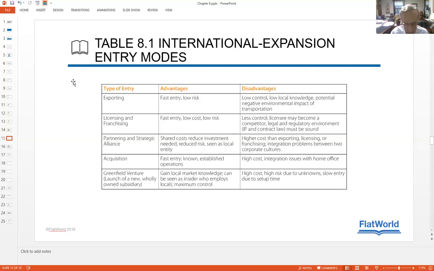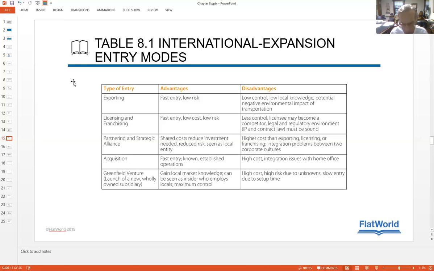In the case of a partner or strategic alliance, you're now sharing costs and risks. This would be true when you're entering a new market and you don't feel that you understand the market enough to go it alone. So you get a partner who you think does understand the market very well. Perhaps that partner distributes consumer products, but they don't have a product like yours and they'd like to have one.